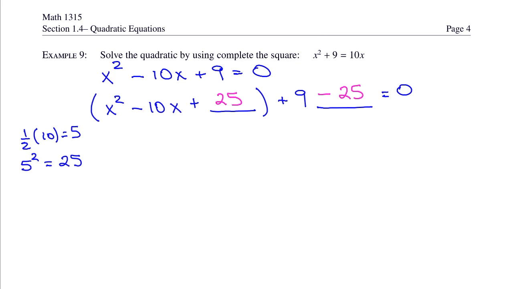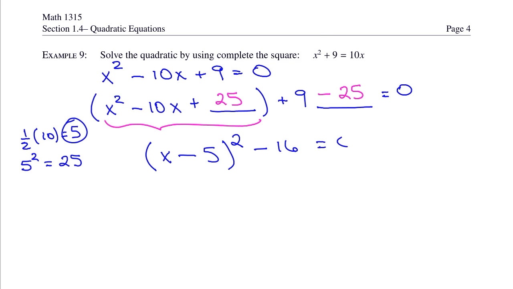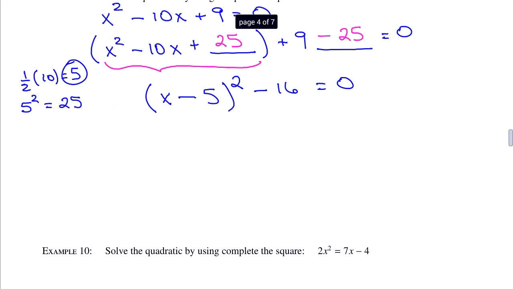We're going to factor the piece on the left, and of course this is a perfect square trinomial, so this factors as x, pick up the sign from the middle, minus, pick up half of b, which is 5, so it's x minus 5 squared. Next, 9 minus 25 is negative 16, and that's equal to 0. From here, we can move the 16 over and solve using the square root property. So move the 16 over, it goes over as positive 16.